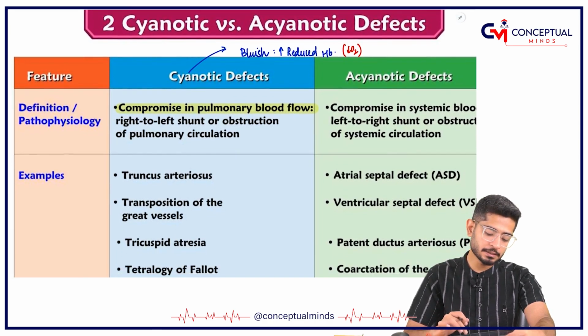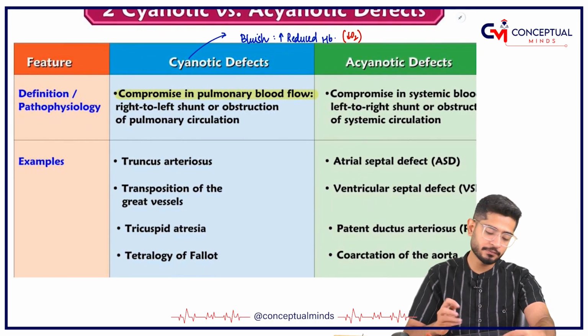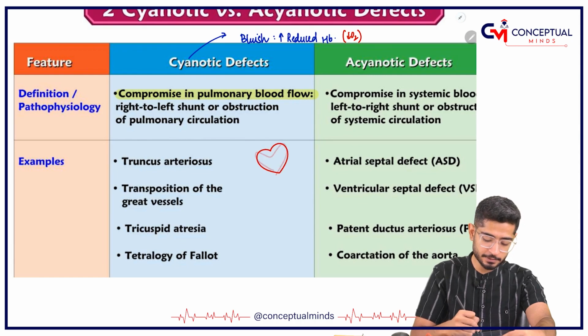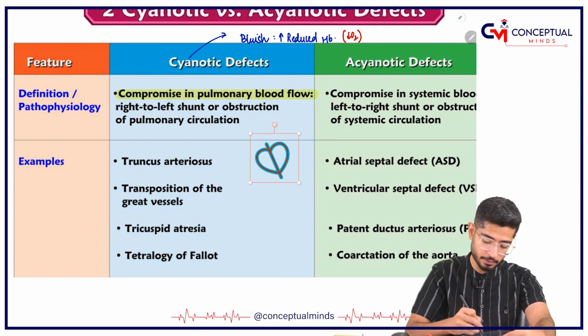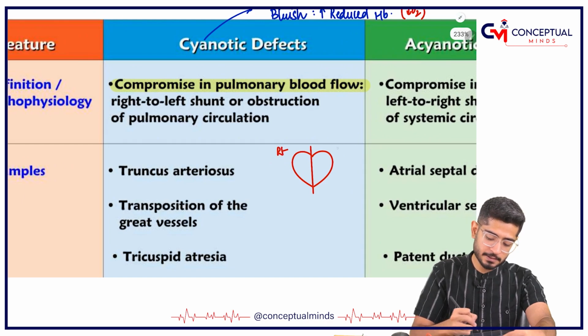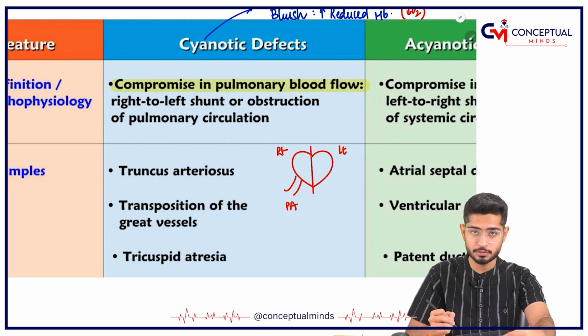And what are the reasons why there will be reduced pulmonary blood flow? For example, this is the heart, and if I divide it into two parts, this is the right part, this is the left part, and the pulmonary artery is going to the lungs.